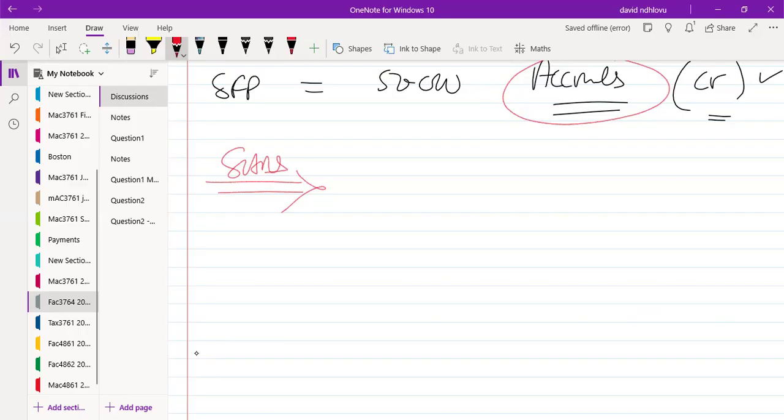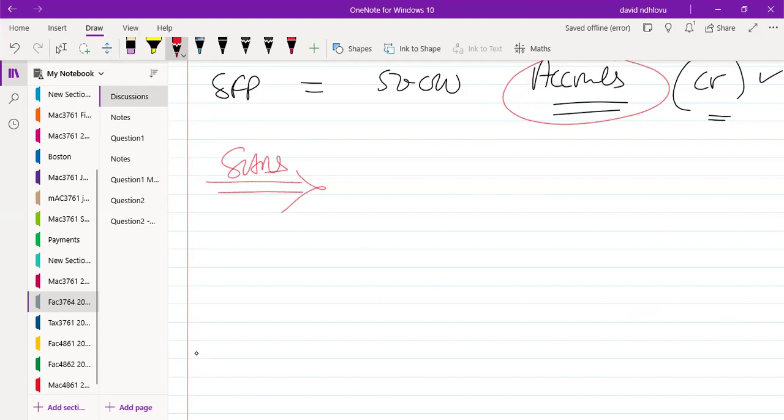Are we clear about that, good people? Right, SARS does not recognize prepayments, accruals and provisions. Here, I'm assuming the figures are below 100,000. I have never seen them confusing you with a figure above 100. So we are assuming all the accruals and the prepayments are below 100.